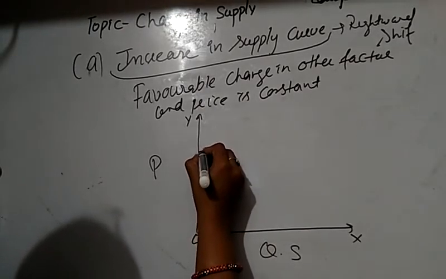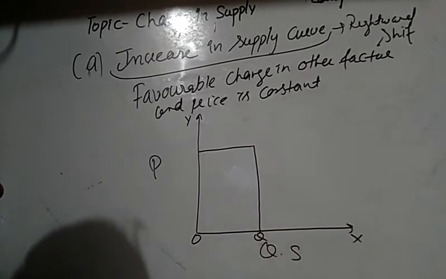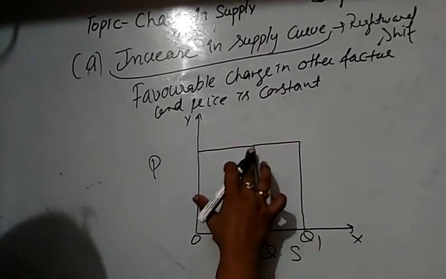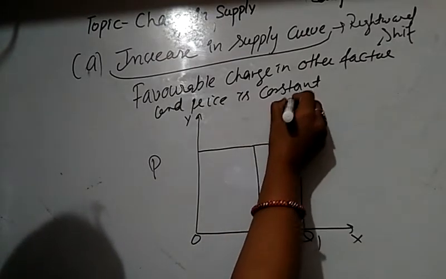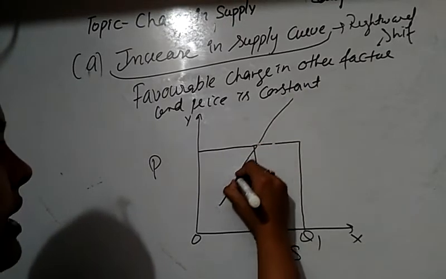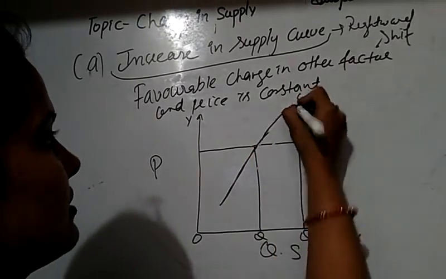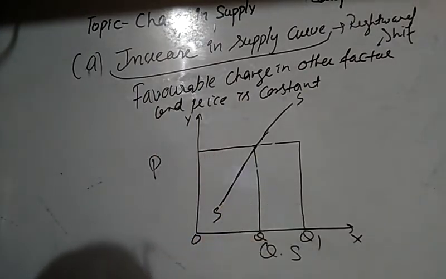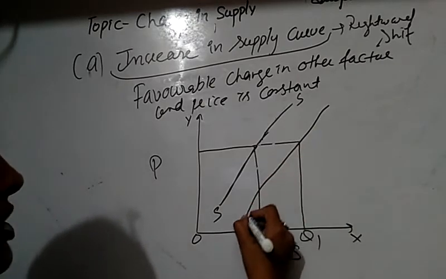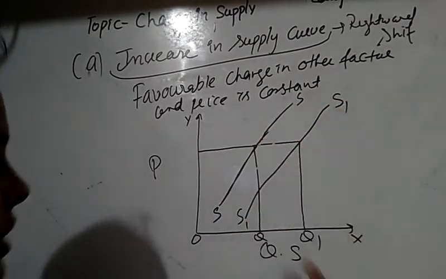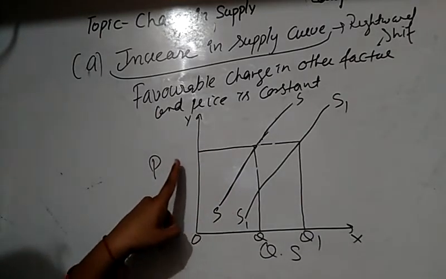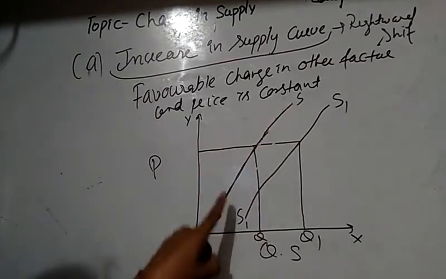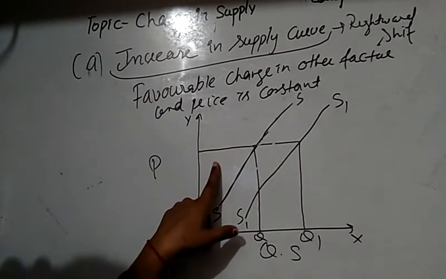The price is P and the quantity supplied is Q. When the price is P and Q, the supply curve is S. The price is constant, no change in price, but the supply curve shifts from its position rightward, to S1.